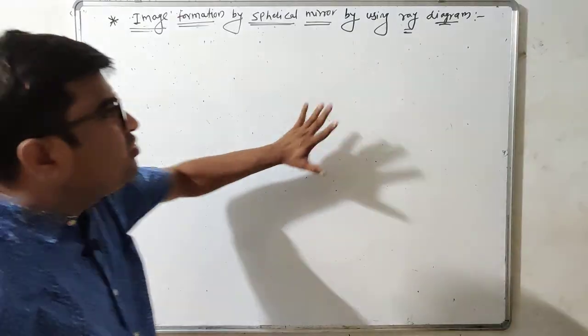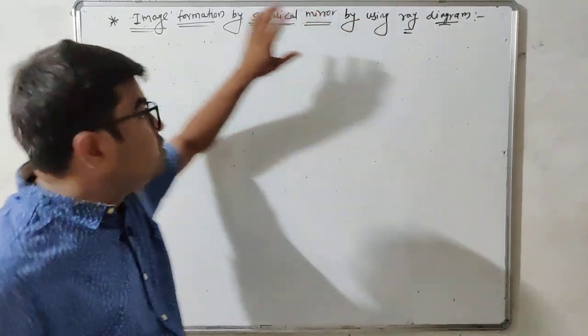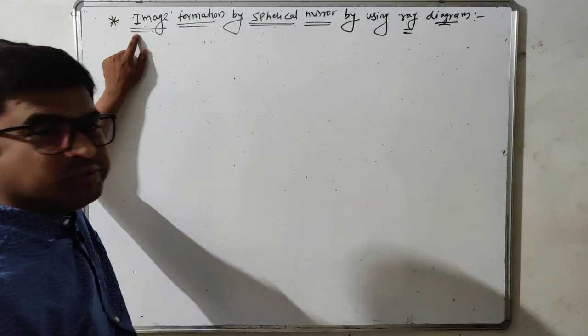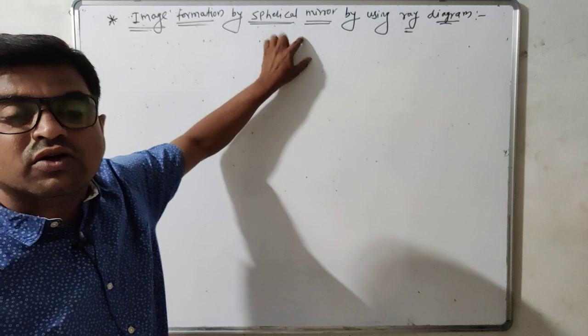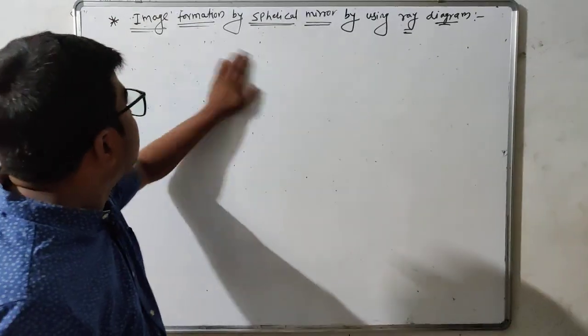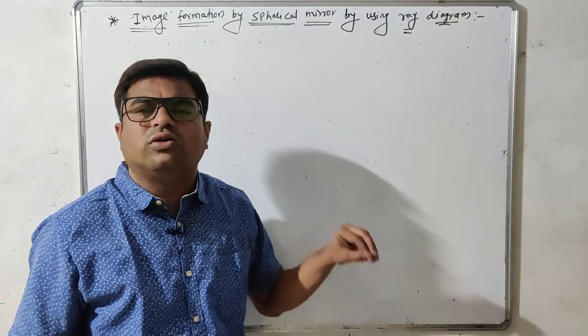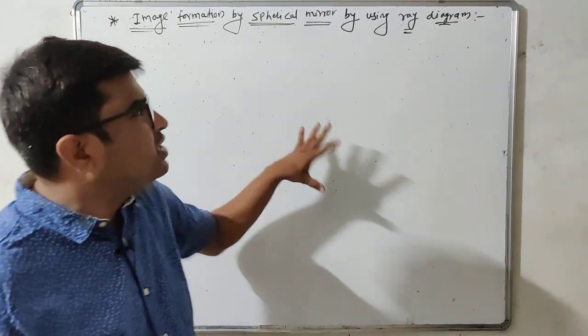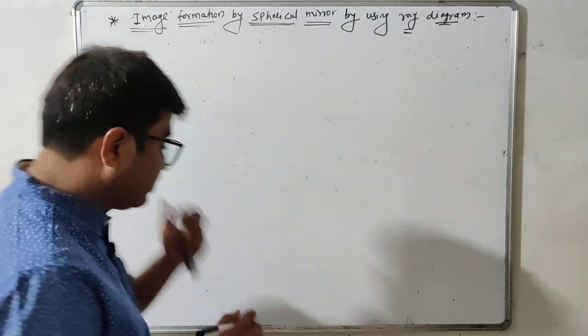Now, before applying the ray diagram to identify the location of images produced by spherical mirrors, first of all, we should study the laws or basic rules which are very important for you to draw a ray diagram.